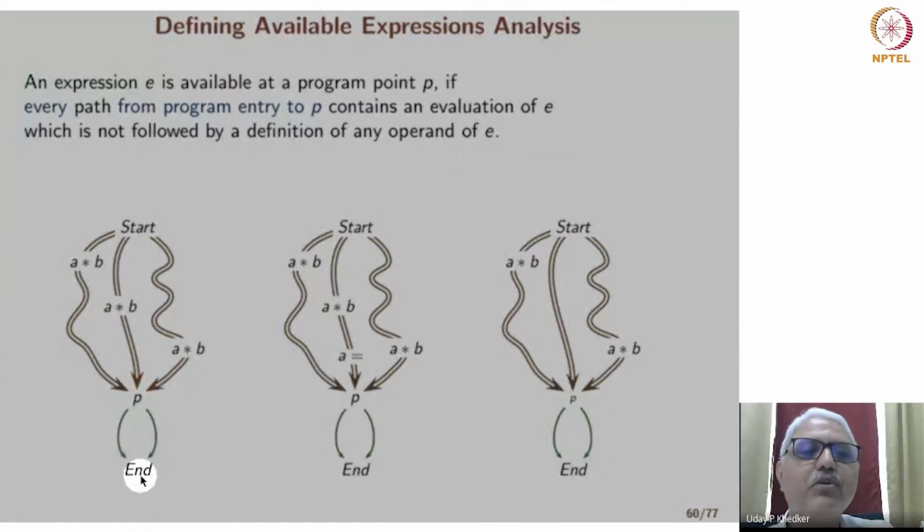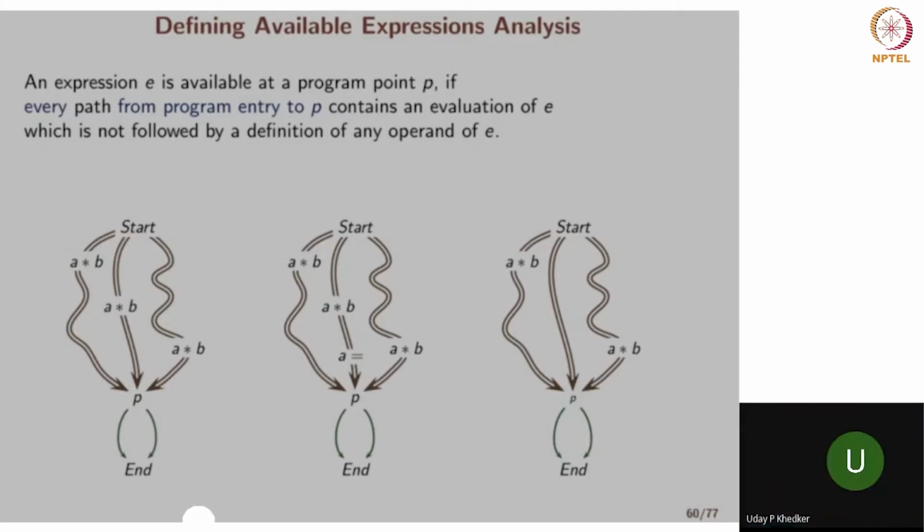We are talking about paths from start to P here. Here the effect of the computations that appear before P is considered, whereas in live variables analysis, the effect of the computations that occur after P is considered.